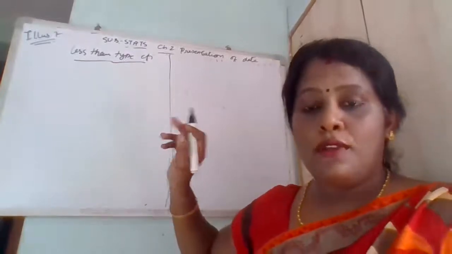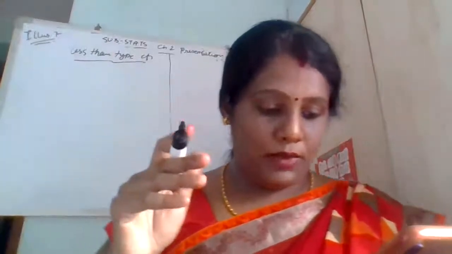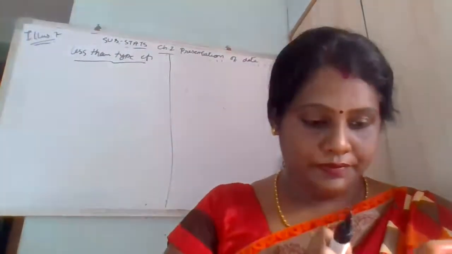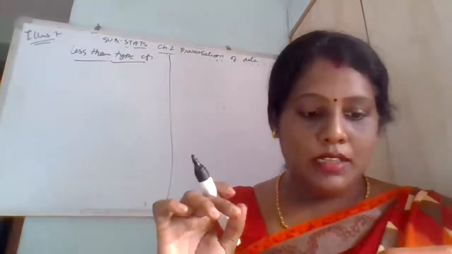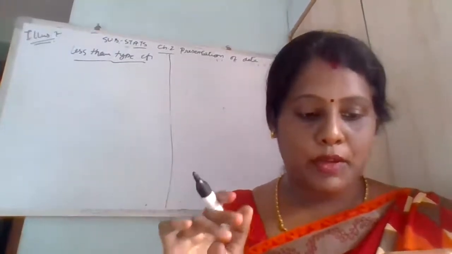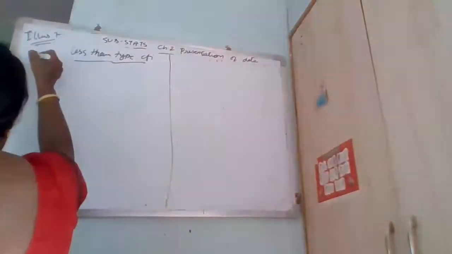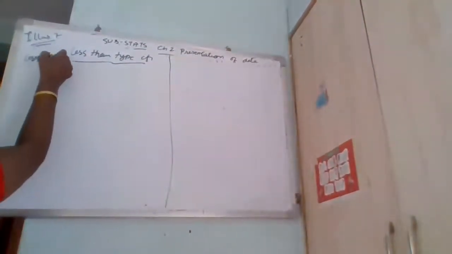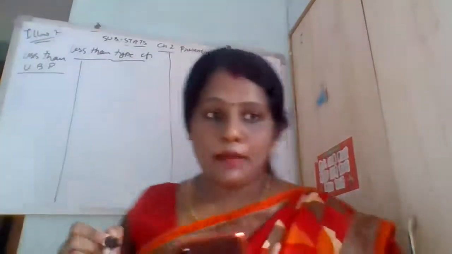First I will write that column: monthly income less than upper boundary point.